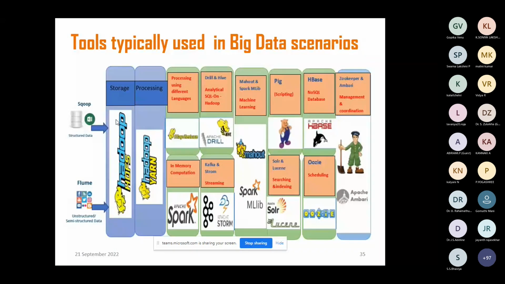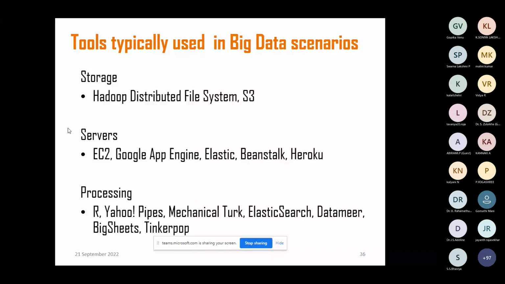Apart from this, there are some more tools available to handle this huge and massive volume of data. For storage, as I pointed out already, Hadoop Distributed File System is widely being used. And apart from that, cloud storages are also being used.